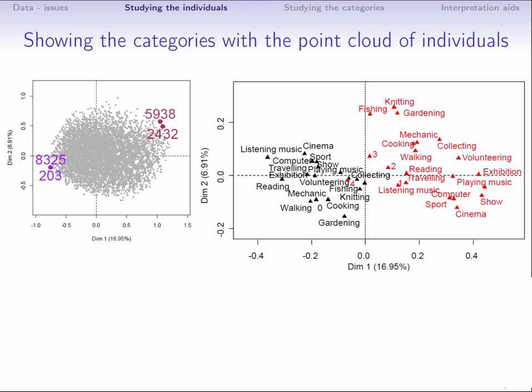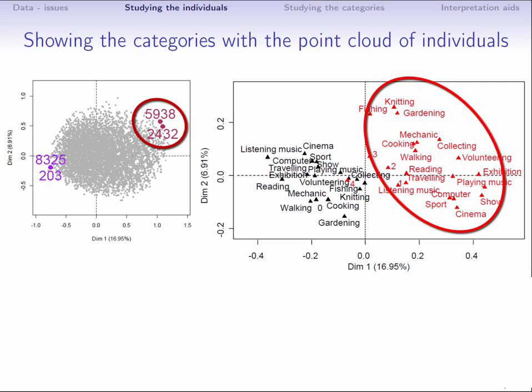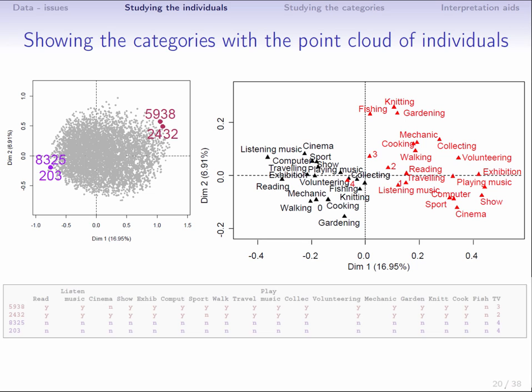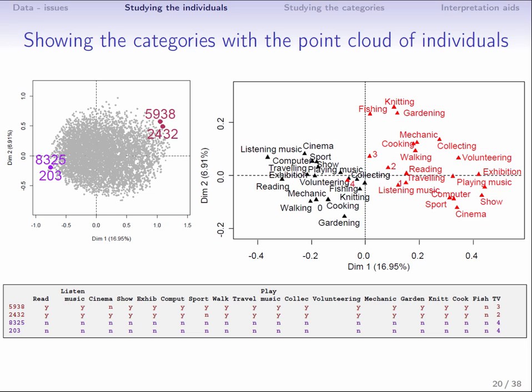The plot showing the categories shows us that individuals 5938 and 2432 are on the side of the yeses, which suggests they participate in a lot of leisure activities. In contrast, individuals 8325 and 203 are far on the no side, suggesting that they don't participate in many leisure activities. If we look back at the data table to check, this information jumps out at us.